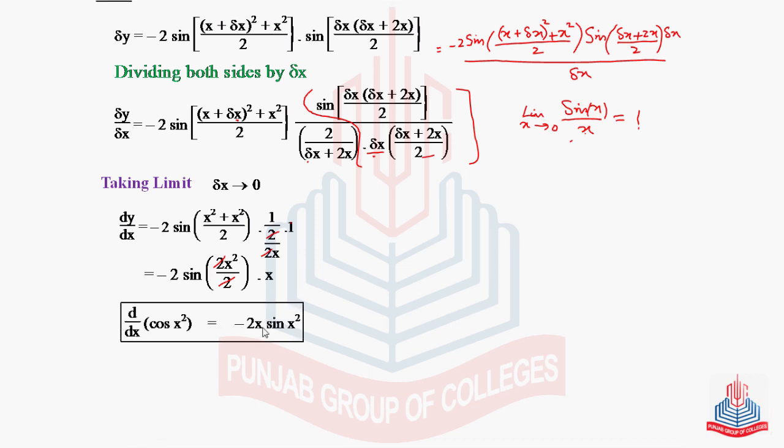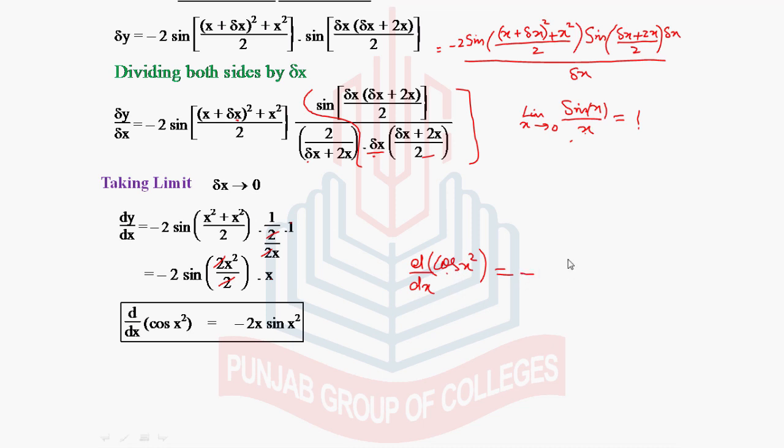This is here sine x square, and this 2 and x will be multiplying on this one. So the final result of the derivative of cos x square is minus 2x sine x square, which we can verify here by using our general result for the derivative of cos x square. Again, using the same logic, derivative will apply on the first trigonometric function. So derivative of cos will be minus sine.